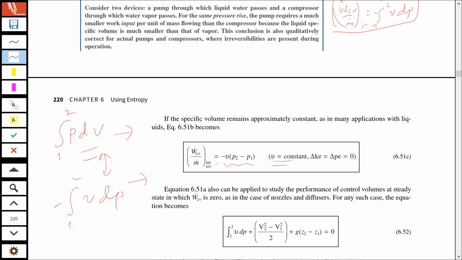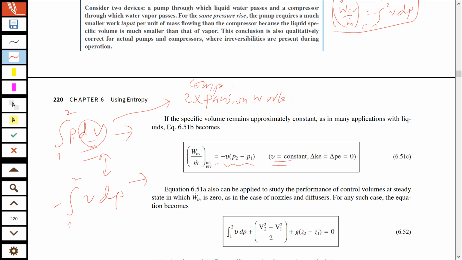Of course, ये सारी mathematics और derivation तो आप करने के बाद आपको समझ आ ही जाएगी. But without that, if you just remember the title of this section, this was the expansion work. If dV is positive, you call it expansion work. If dV is negative, you will call it compression work.